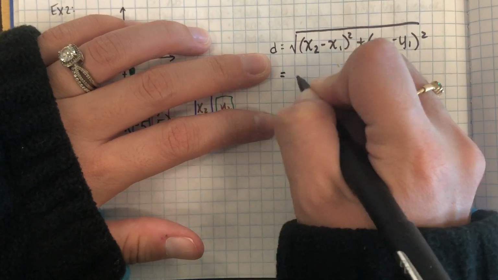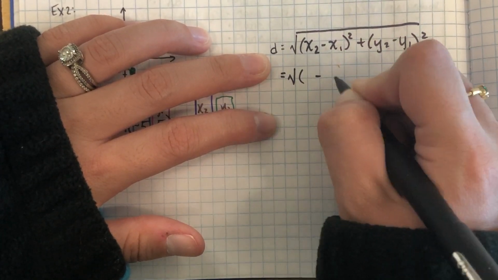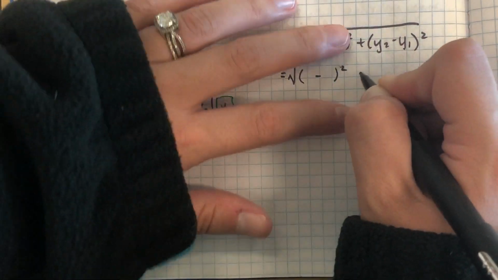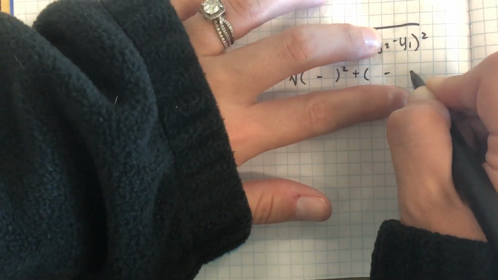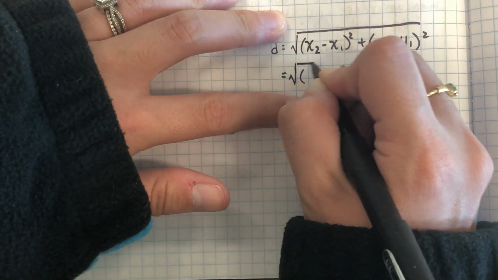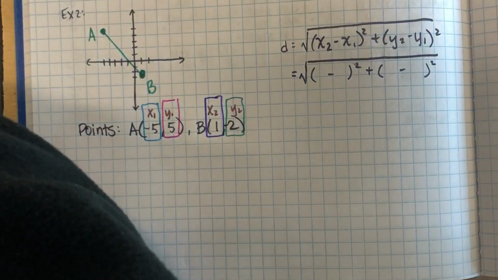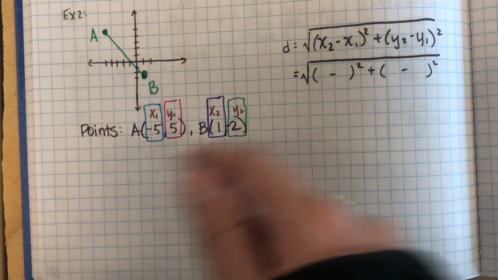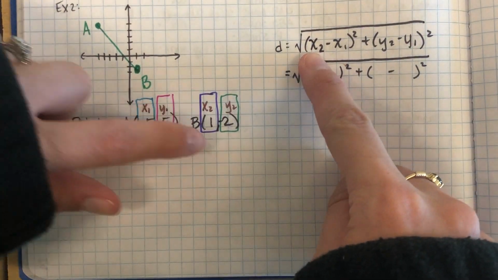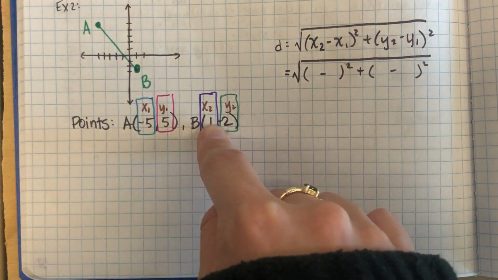Okay, so if we fill this in now, I'm just going to put all of these here so I have less pen swapping. So first we're starting out with our x sub 2, which is 1.